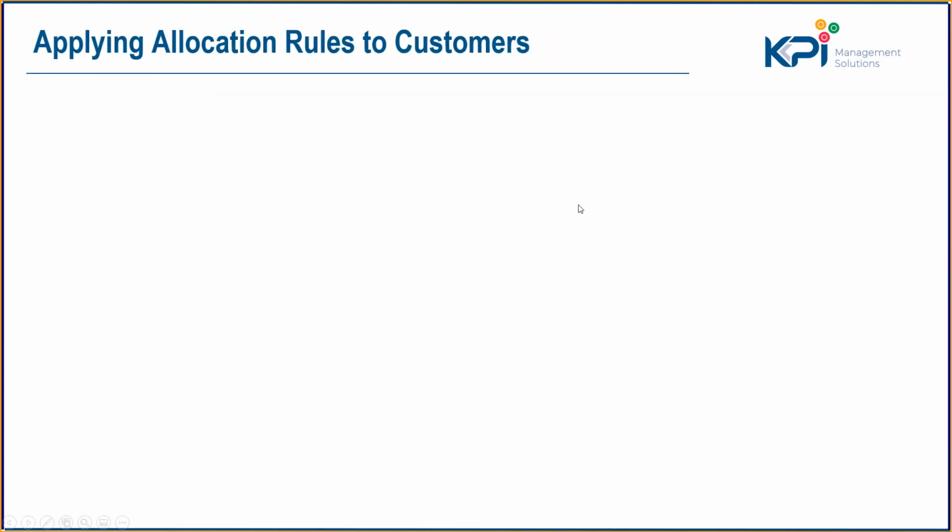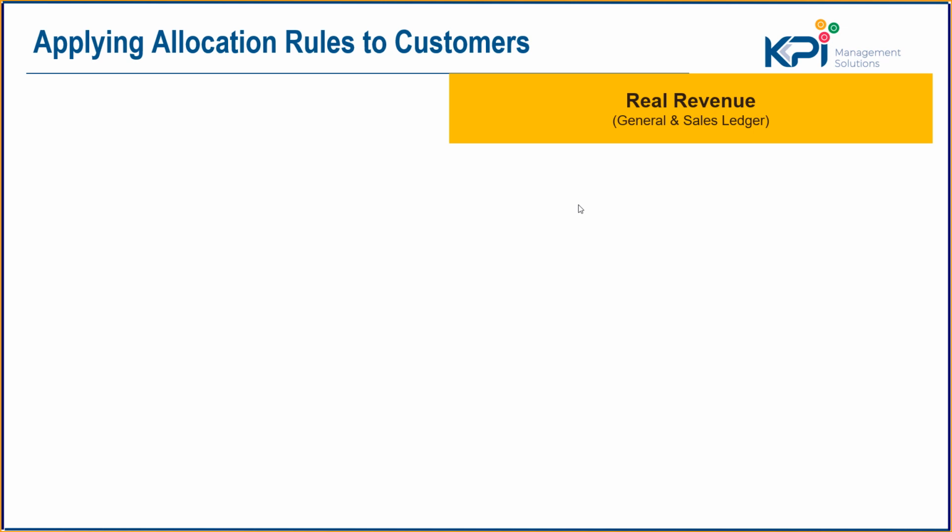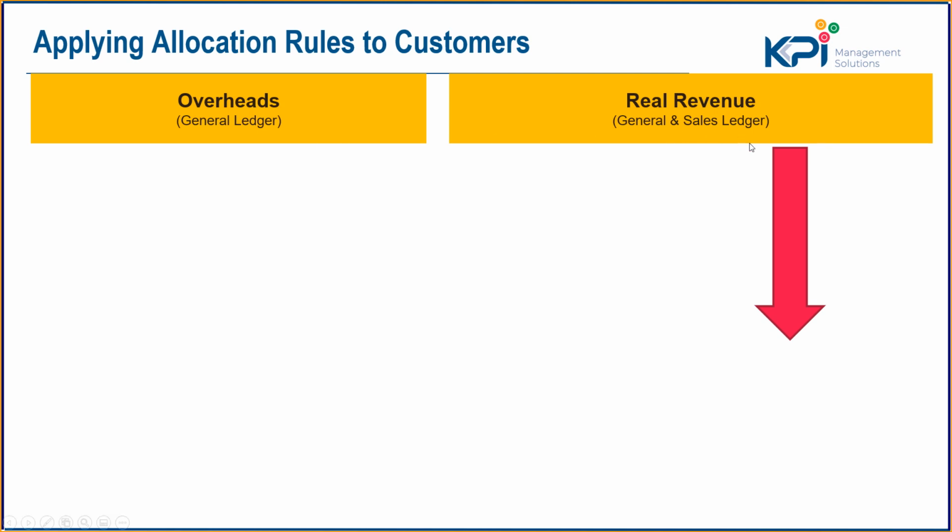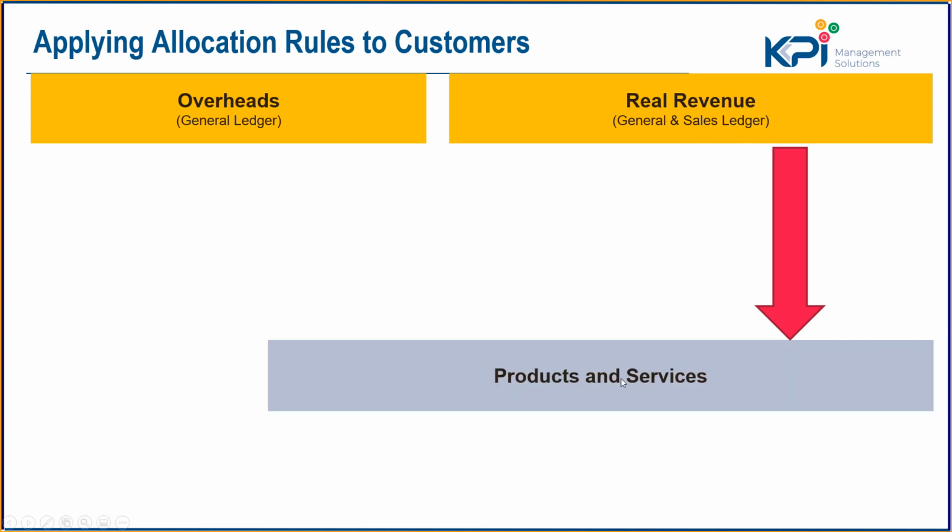What we do is we look at your sales ledger and your general ledger. We're looking for direct, we call it real revenue in the Profit First community. It's kind of like gross profit, and you can pick that number up from your general ledger and your sales ledger. You're going to need the data from your sales ledger, and then all your other expenses are typically sitting in your general ledger. And what you're trying to do is allocate the gross profit down to your products and services.